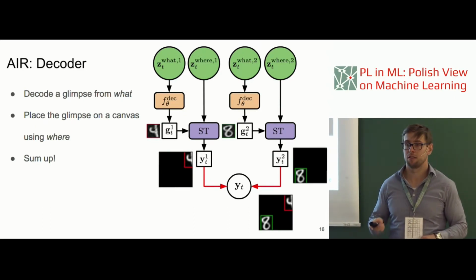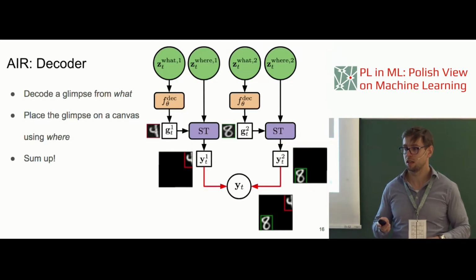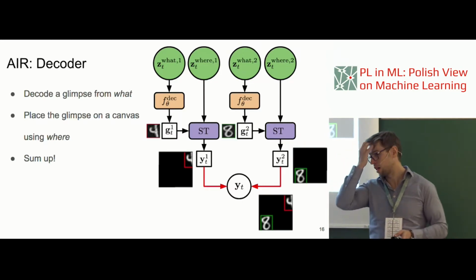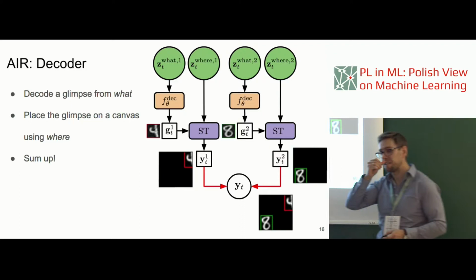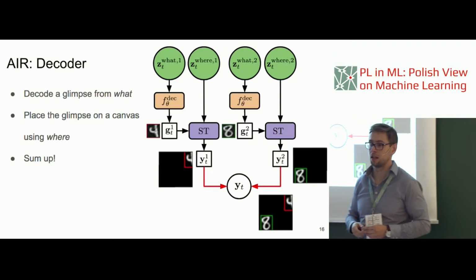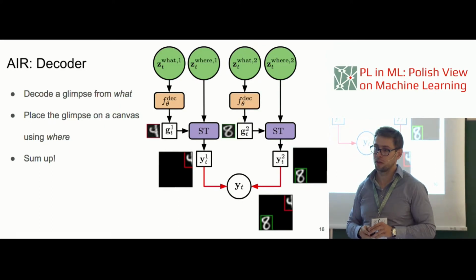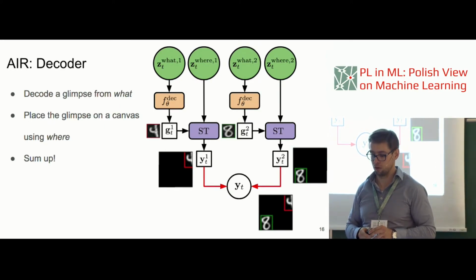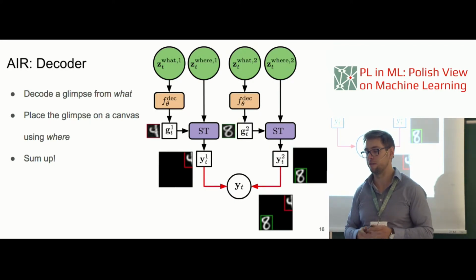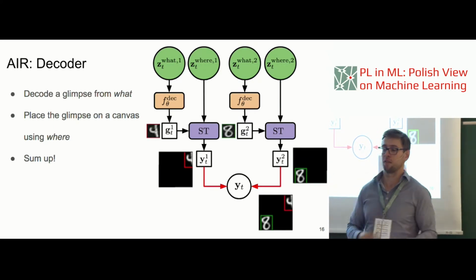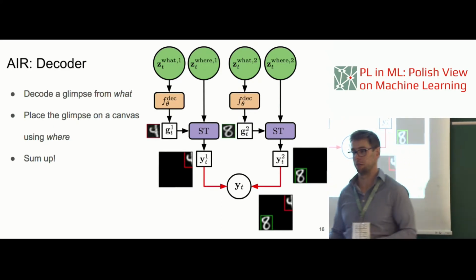Any other questions? Is this transformation really required, to use this where that doesn't encode some real position data? So this is just some latent variable, right? If you didn't use a spatial transformer, it would just be a latent variable that would allow you to reconstruct the image in some sense.